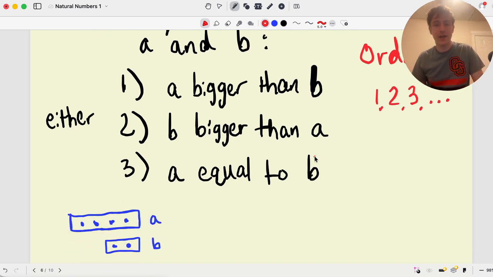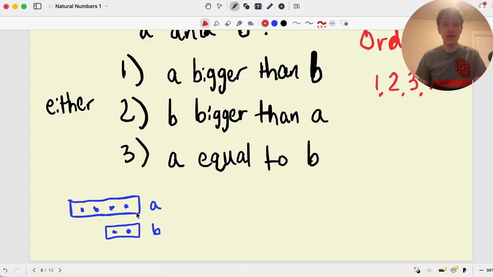Well, we can go back to the dots, and we notice that if I have a on top and b on bottom, we know that a is bigger than b if I can add some number of dots to b in order for them to equal out. So maybe we'll call this c, for example.